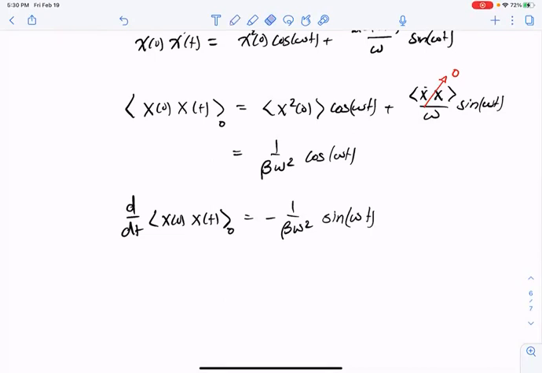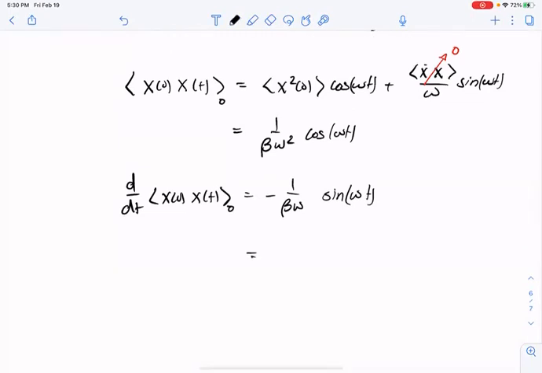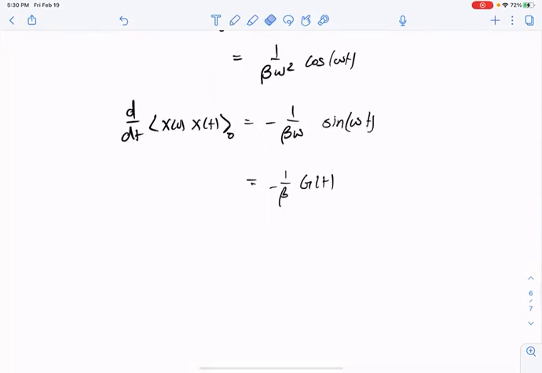Sorry, no squared there. Which is equal to, up to a factor of 1 over beta and a minus sign, g of t, that Green's function.